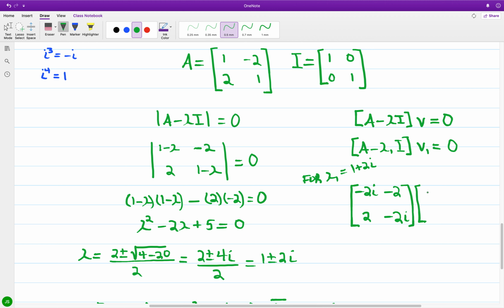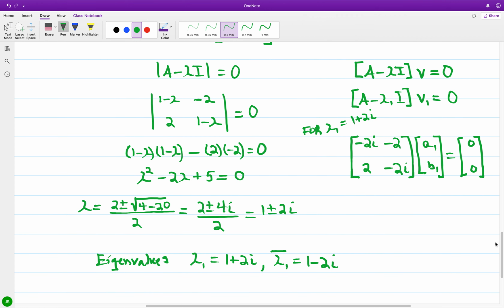And for the first eigenvector, we can say we have the general coefficients a1 and b1, and representing 0 in the 2 by 1 matrix form, so we have 0 and 0. We can just multiply this out. We'll just do the top row, whereupon we have negative 2i a1 minus 2 b1 is equal to 0.